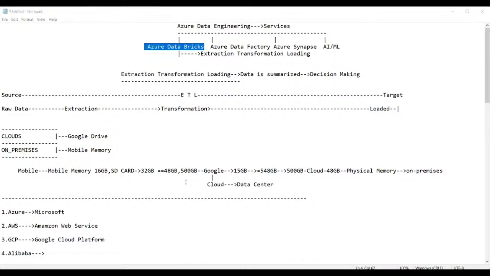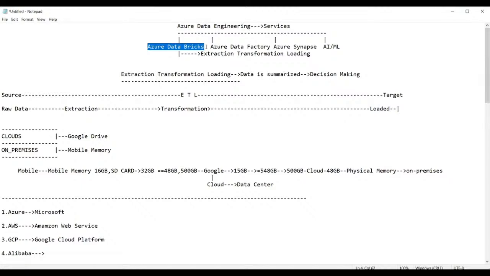Azure Data Factory and Azure Databricks are both used for the same process, but in Azure Databricks you use a character user interface, where you need to use different languages: Python, Scala, R, and SQL.